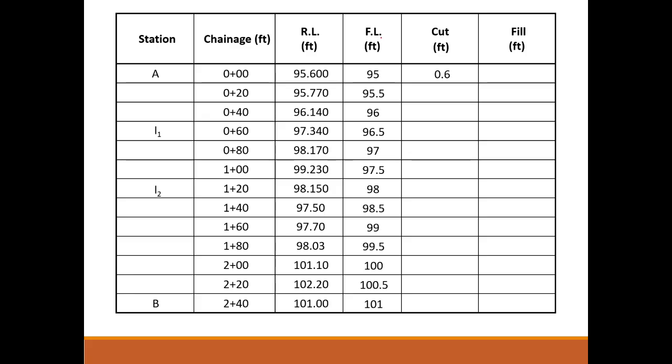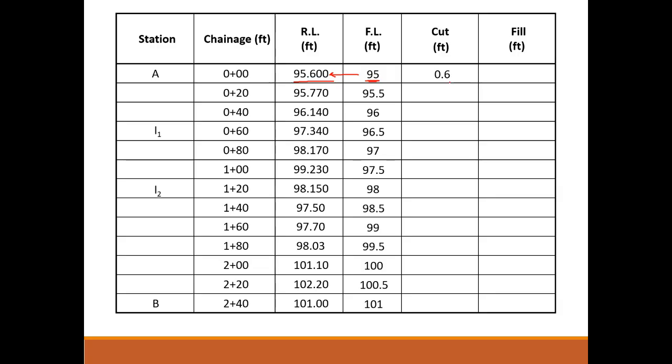Once you got the value of formation level, just subtract reduce level from the formation line. Formation line minus reduce level is equal to cut or fill. For example, the first value is 95 minus 95.6. The answer will be minus 0.6.